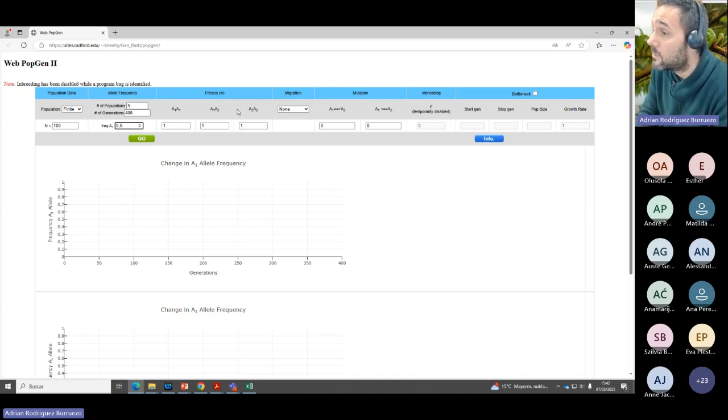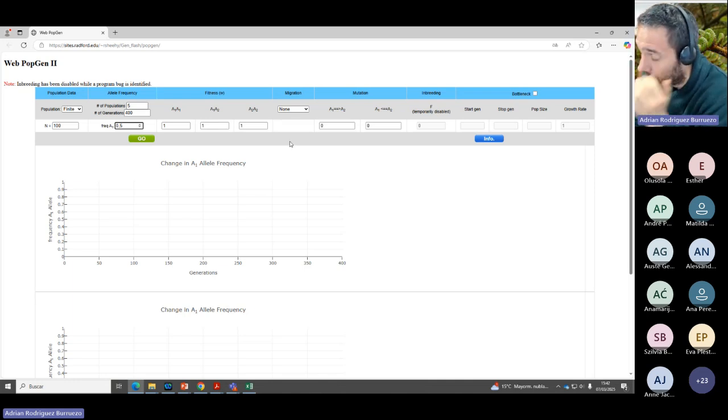Fitness is the value of adaptation, or good or bad response, as I told you, to natural selection, or the response to the selection of the breeder. Okay, 1 is the highest value. So now in the server, the 3 genotypes A1A1, A1A2 and A2A2 have the highest fitness value. So they respond very well to selection.